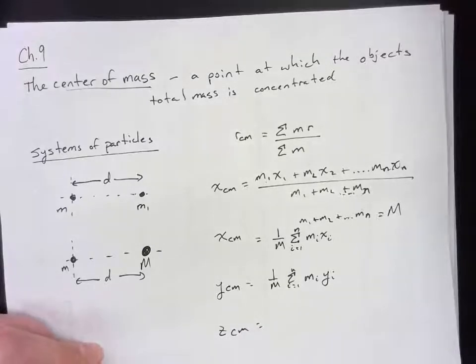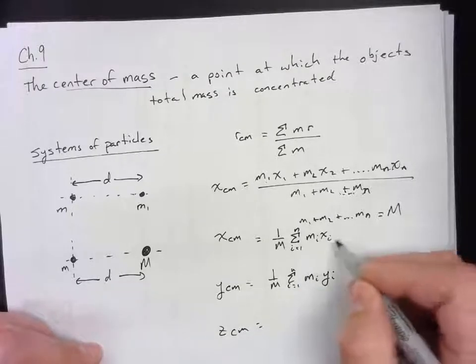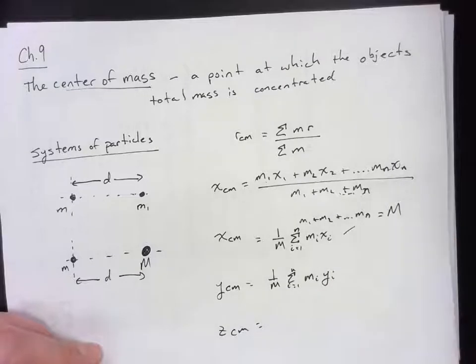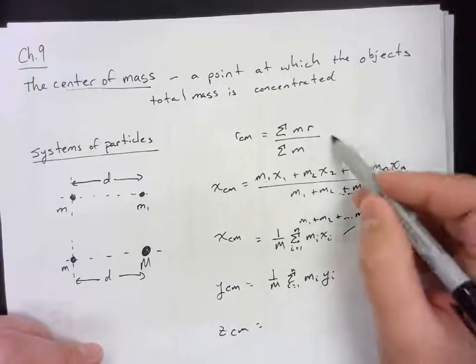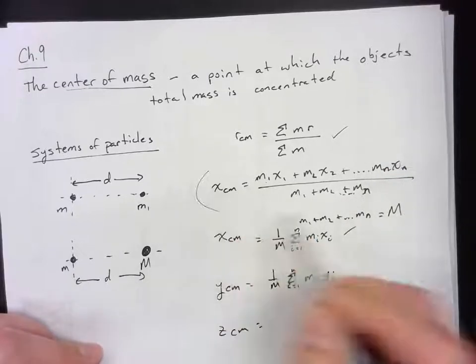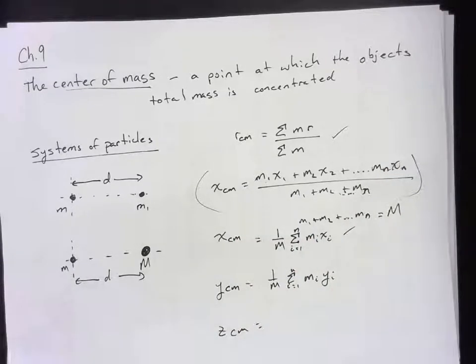Okay, so again, I'm just going to keep that for when we start doing integration. This is what's on our equation sheet. I think this is the best way to write it out. And again, that's for separate particles.